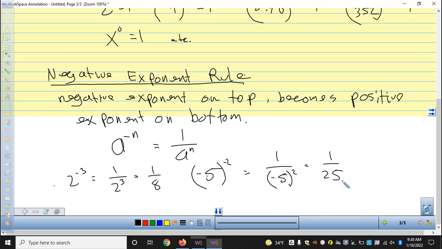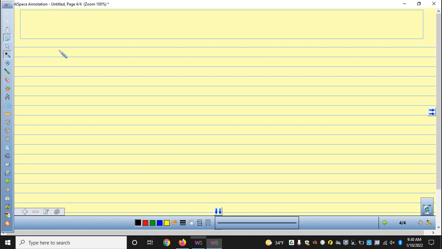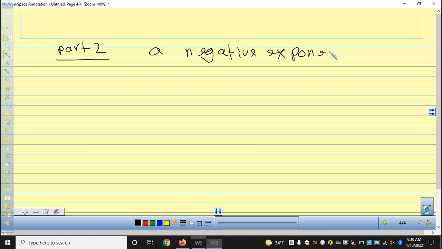I also have a part 2 of the negative exponent rule. The part 2 is a negative exponent on the bottom becomes a positive exponent in the top.